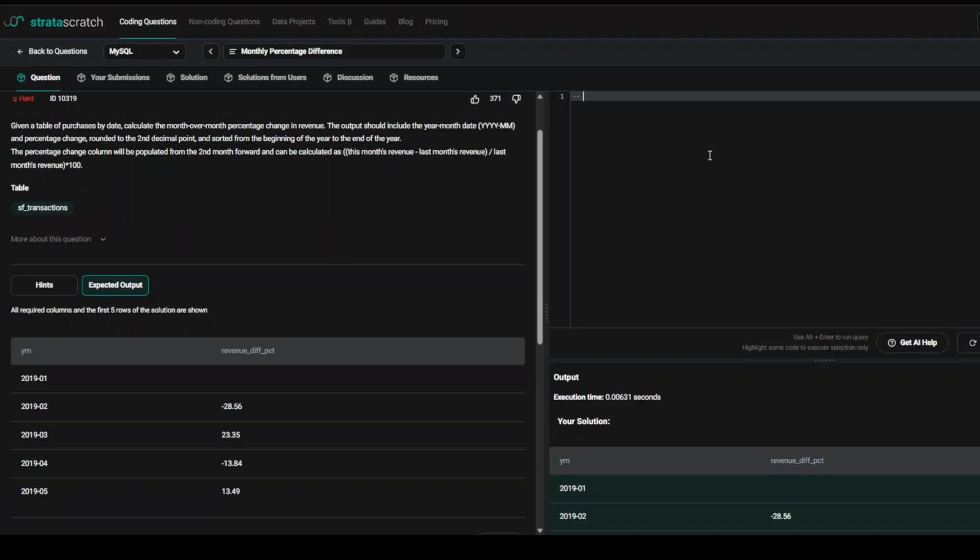So let's just start by writing the to find. The to find here is the revenue difference, but in percentage terms.